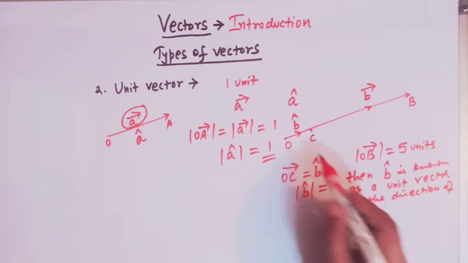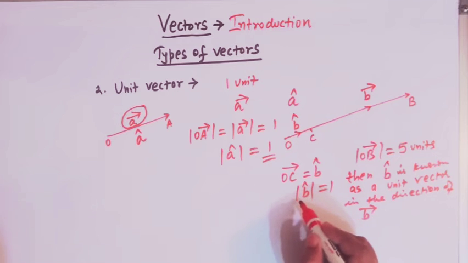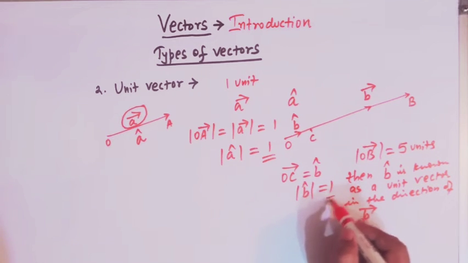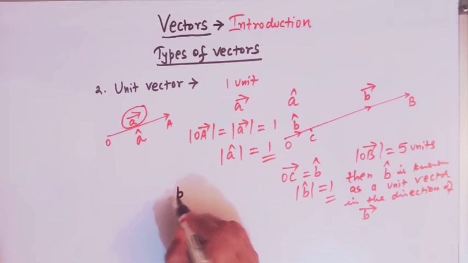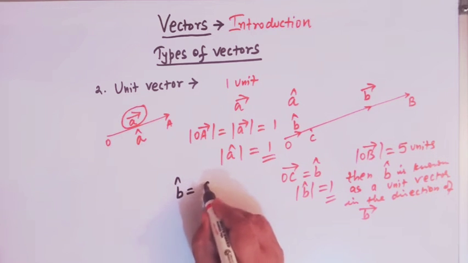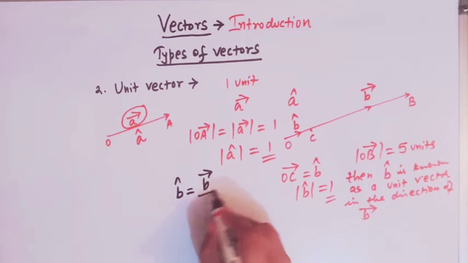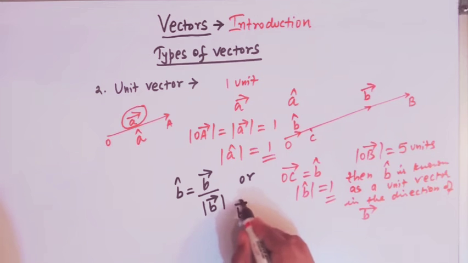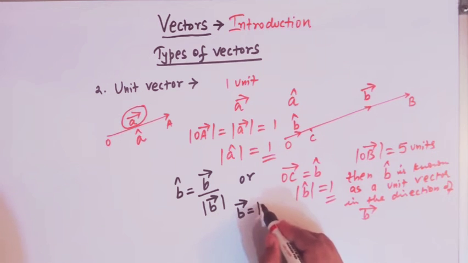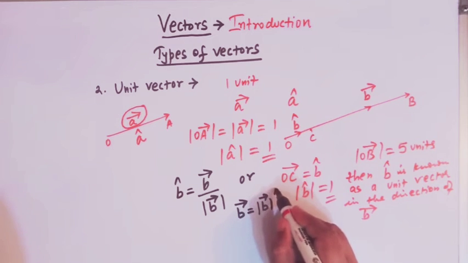And here we also have an important result, that is B cap can be written as vector B divided by the magnitude of vector B, or we can write it as vector B equals the magnitude of vector B times B cap.